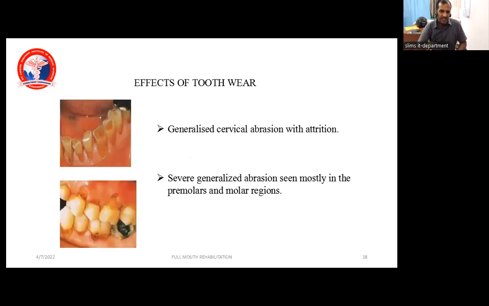Now, what are the effects of tooth wear? There will be generalized cervical abrasion with attrition, that too in the premolar and molar region. When you see the picture, you can very well see how the premolars and molars are affected with the exposure of the pulpal chamber.